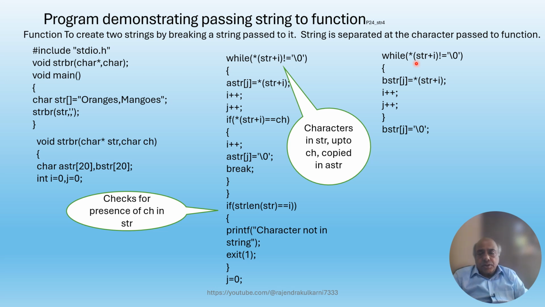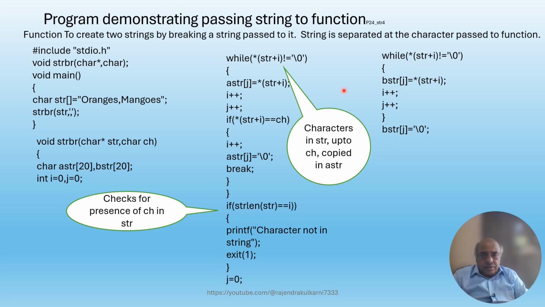So while star of str plus i not equal to /0, this while loop again works and continues to work till /0 is reached. In every iteration, the remaining characters of string str, from m onwards, will get assigned to or copied to string bstr.